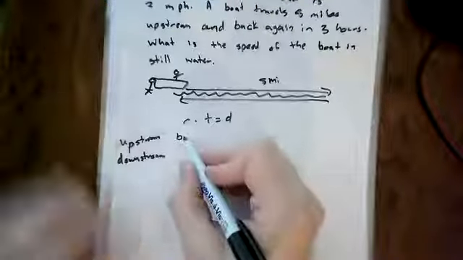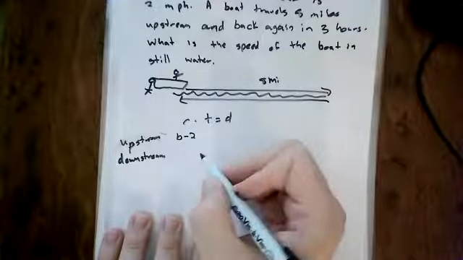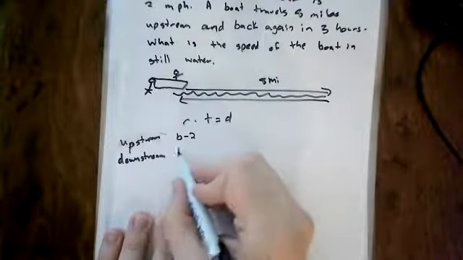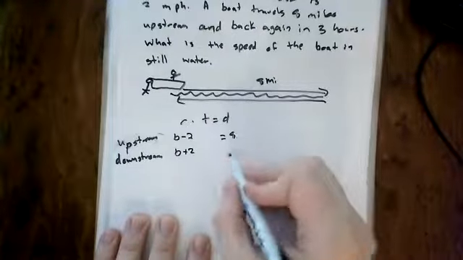Upstream, the speed of the boat is going to be this, minus that 2 miles per hour. Downstream, it's going to be the speed of our boat plus 2 miles per hour. But the distance stays the same. It's 8 miles.